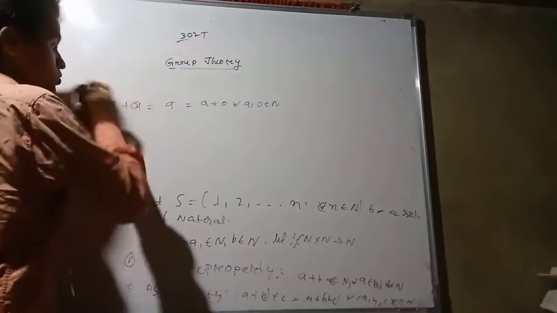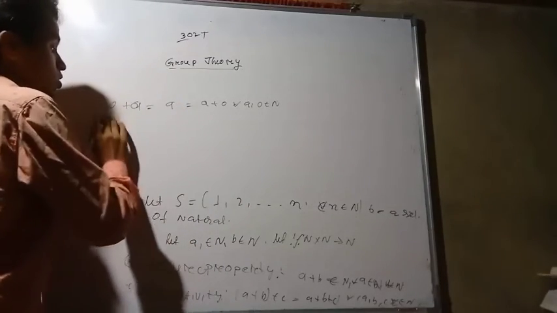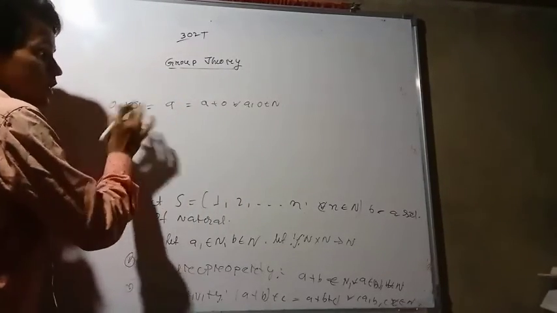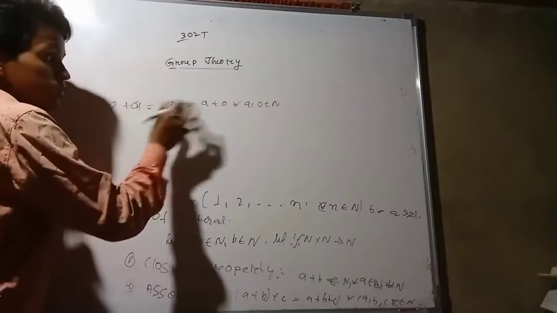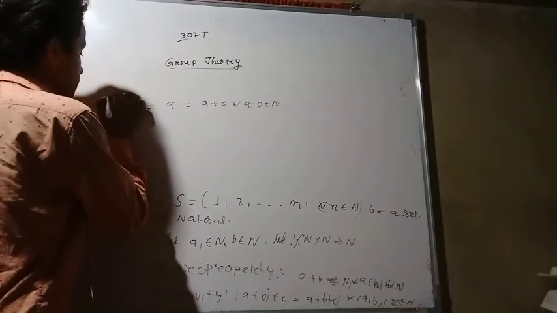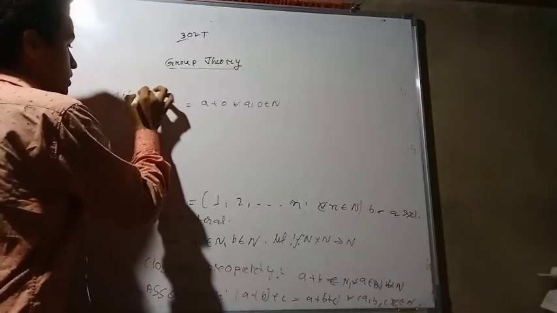We have to consider 0 as an element of N, so it belongs to the group, and it follows the additive identity.